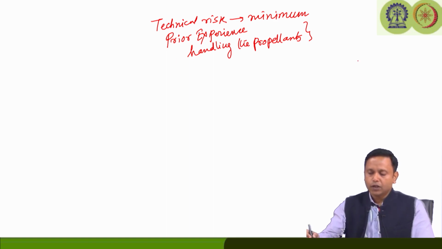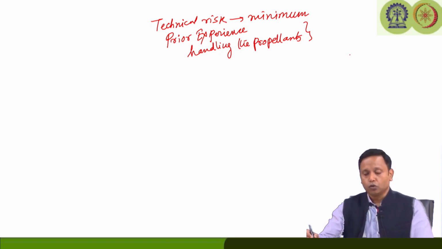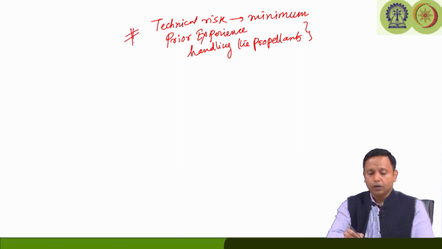Now, let us say we make the propellant grain, but if there is any kind of external stimuli, the ignition itself is an external stimuli, but there may be some unintended external energy stimuli available. So, the propellant must have enough insensitivity.